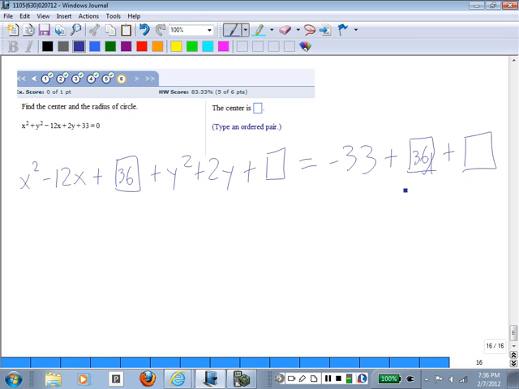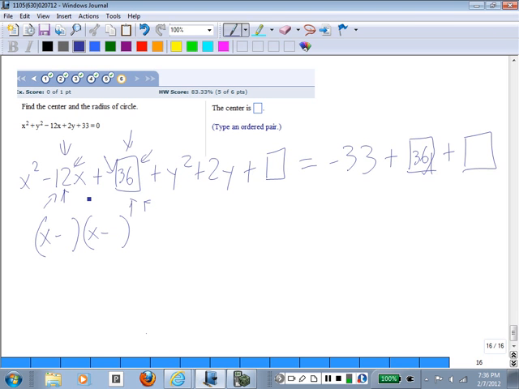Let's pause for a moment and consider what that 36 does. What we want to be able to do is write this as the square of some binomial. It's going to be x minus something times x minus something. That something, you have to multiply by itself to get this number, and add to itself to get this number.